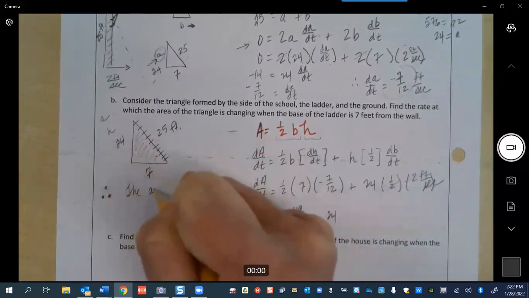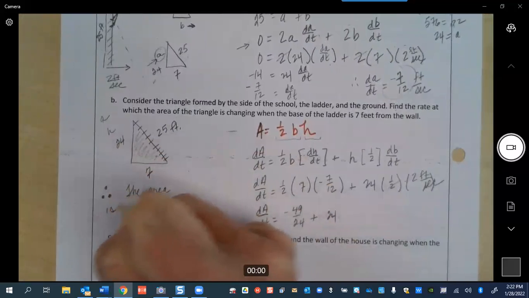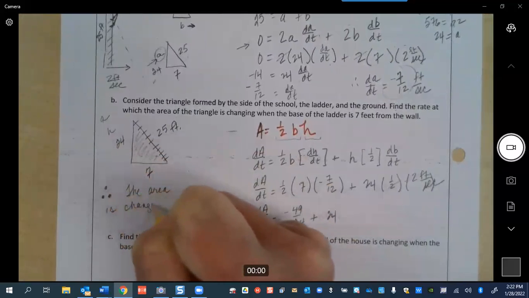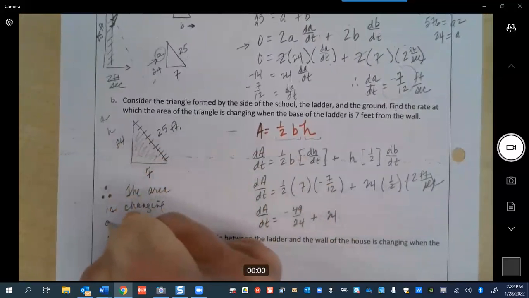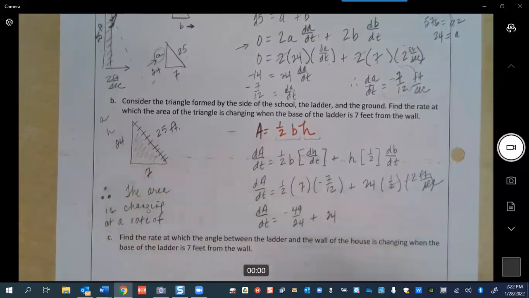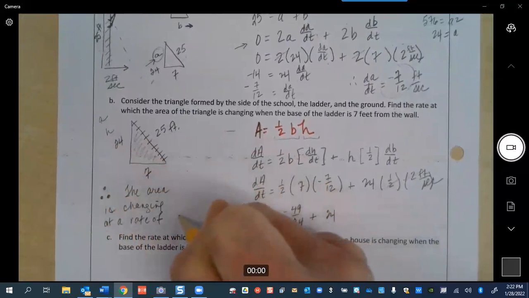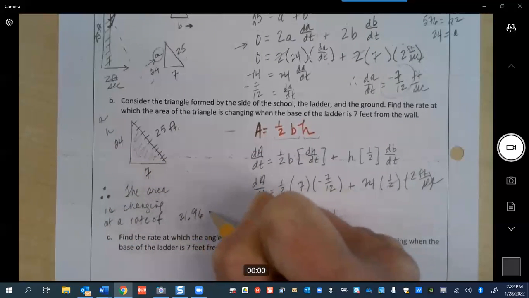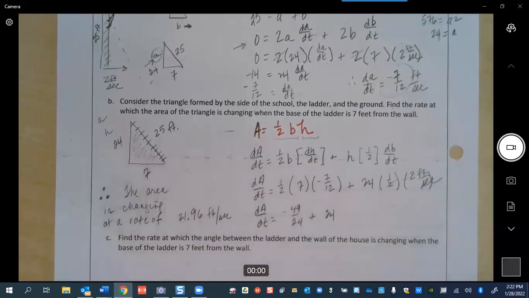Therefore, the area is changing at a rate of 21.96 feet per second. It's square feet.